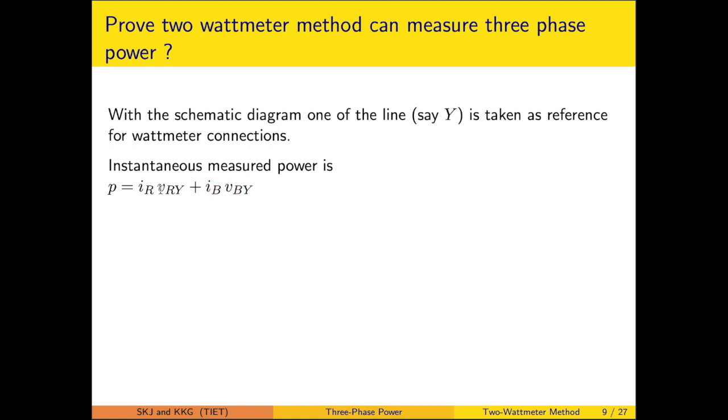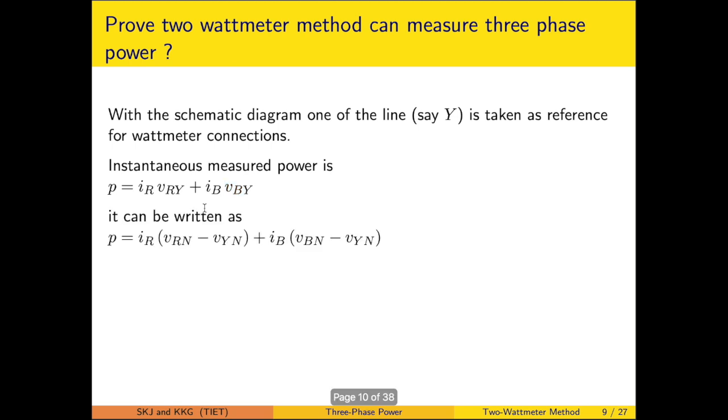VRY is the line voltage of R with respect to Y, and VBY is also a line voltage of B with respect to Y. We will express these voltages in terms of the phase voltages. So the expression comes out like this: VRY is written as VRN minus VYN, and VBY is written as VBN minus VYN.